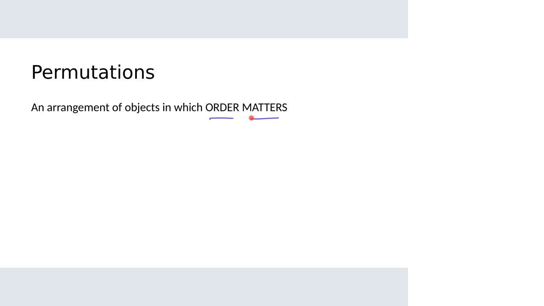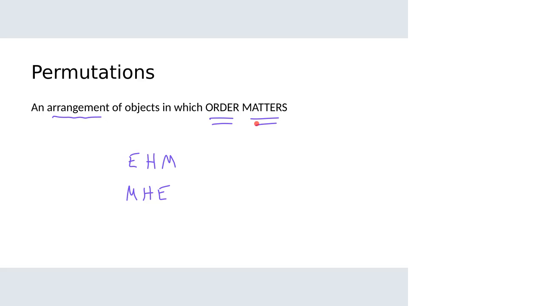If we're arranging things, like putting books on a shelf, for example, if I put the English book next to the history book, next to the math book, and if I arrange these differently so that it's math, then history, then English, the bookshelf would look different. So order matters because changing the order made a difference.